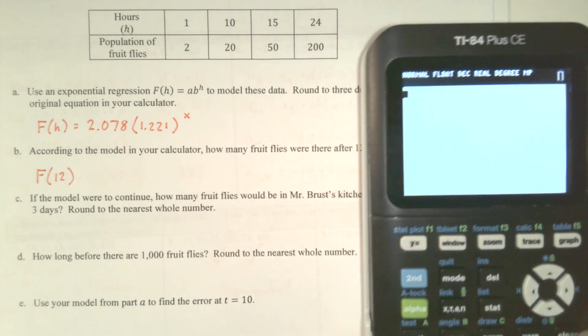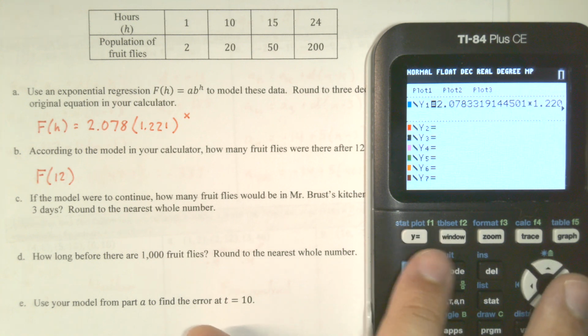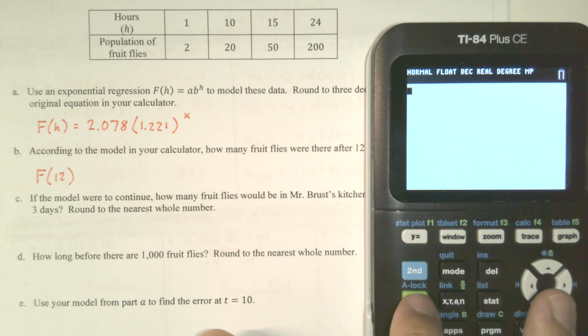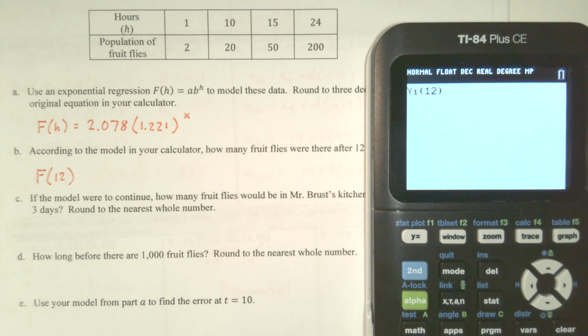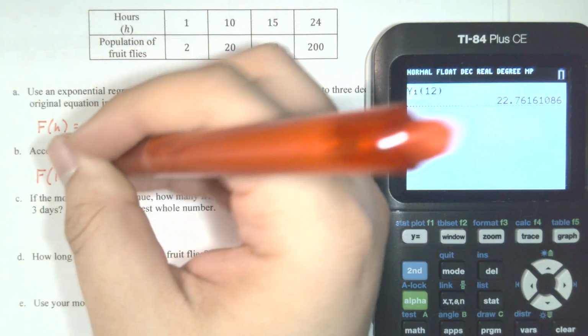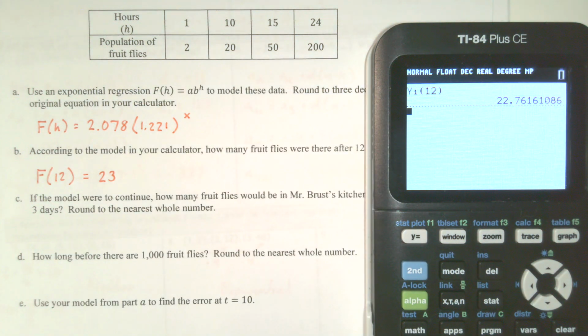So now, since our regression equation is y1, we're going to hit alpha, trace, enter, and then with parentheses type in 12, because that's going to give us our estimate. And we see that f of 12 is equal to about 23.76. We can't have 0.76 of a fruit fly, so we have to round that to 23.